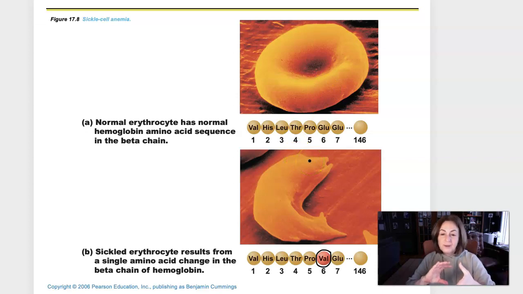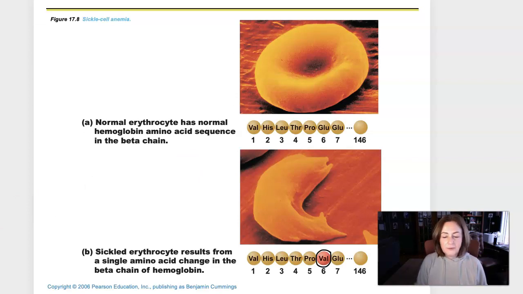It can tweak out of shape, and then when it takes on this abnormal sickle shape, it can get stuck in capillaries and be like a dam to blood flow. So it's a very painful genetic condition that we could treat with transfusions and other types of medications.